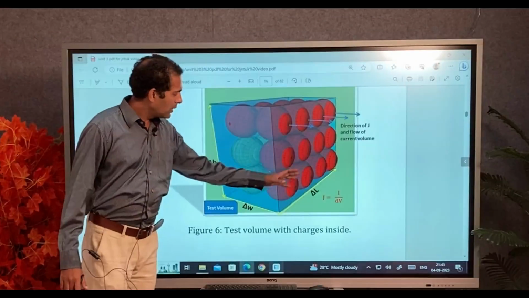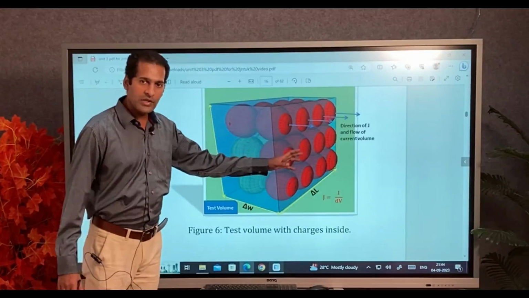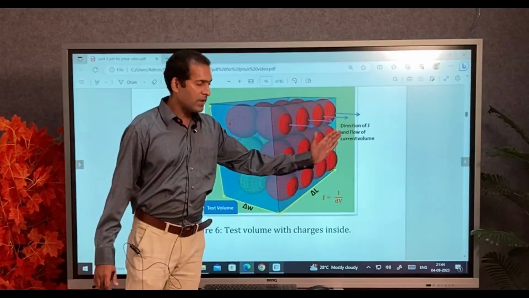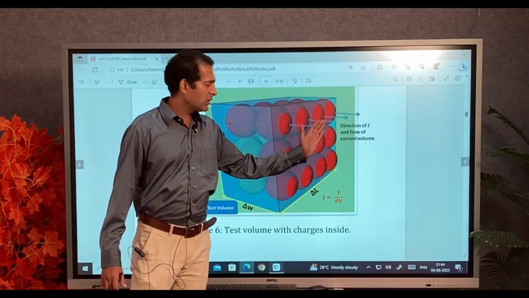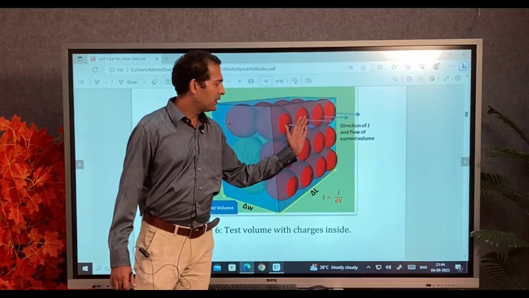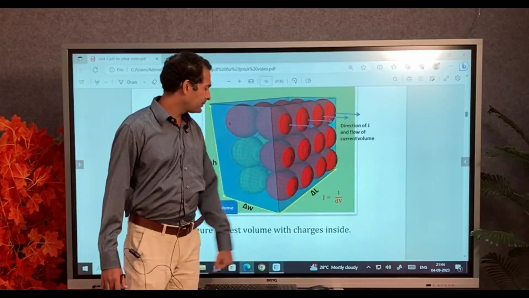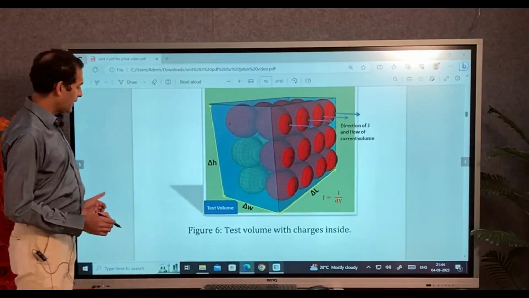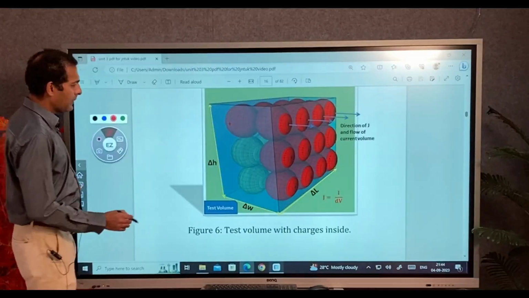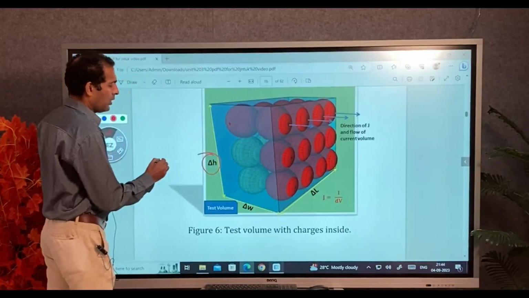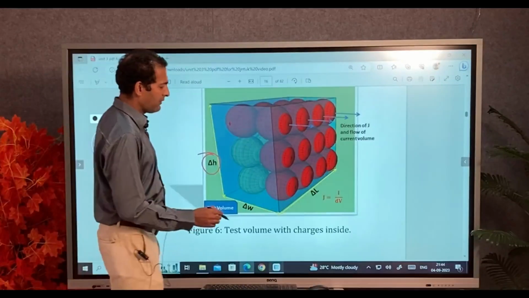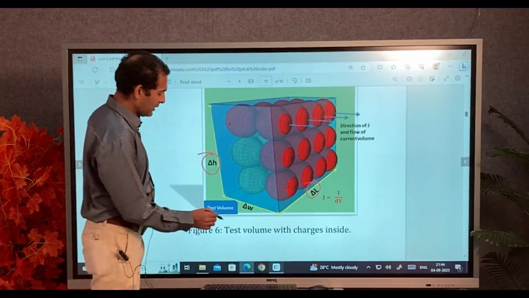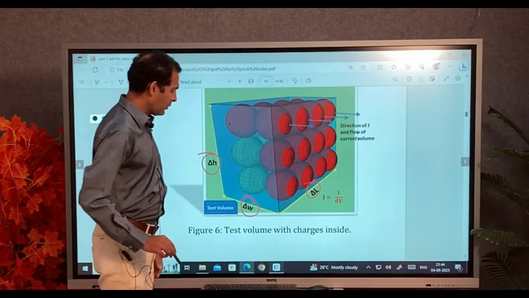Inside this volume our sample charges or electrons are placed, and there is a direction of current and a direction of current density, that is nothing but the flow of these charges. Let us consider this rho v is having some particular height delta h or dh, some delta L length and some delta W width.